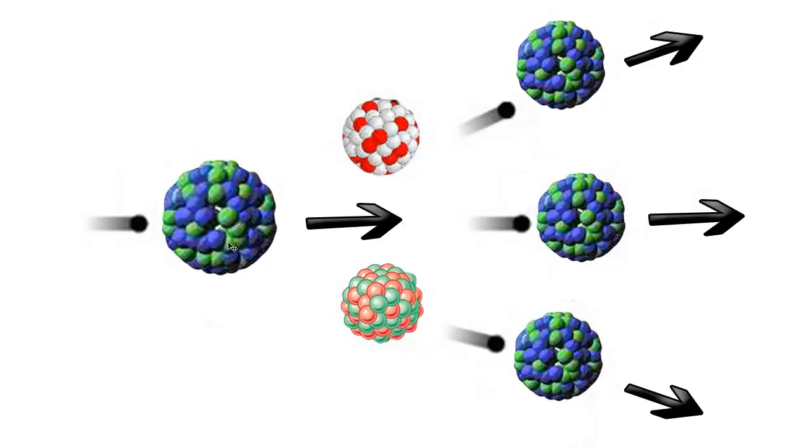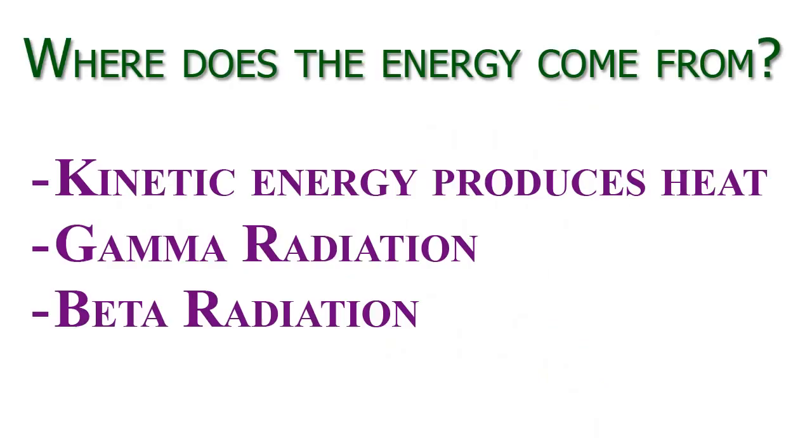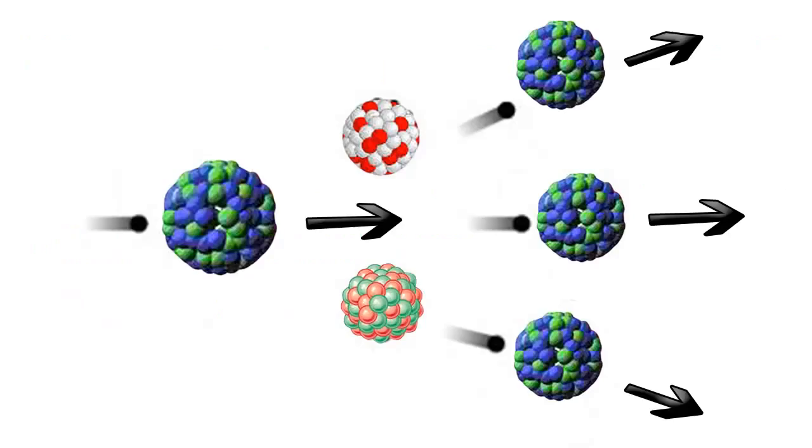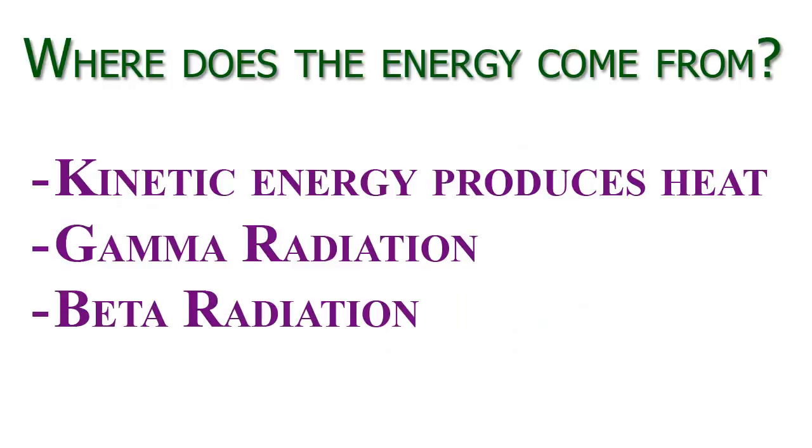So basically, you're guaranteed to have at least gamma radiation and also kinetic energy and therefore heat. And aside from that, you also may have beta radiation and gamma radiation coming from these new elements. So with all of that, that is how it produces energy in nuclear fission. So hopefully all of your questions about nuclear fission are answered now.